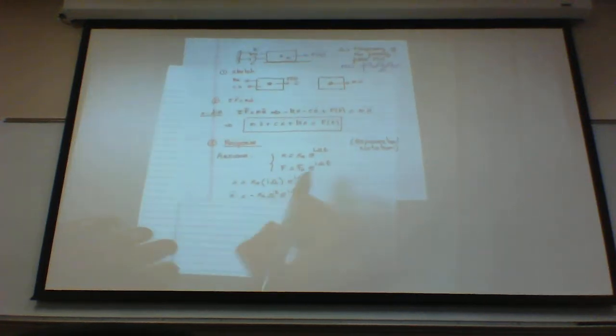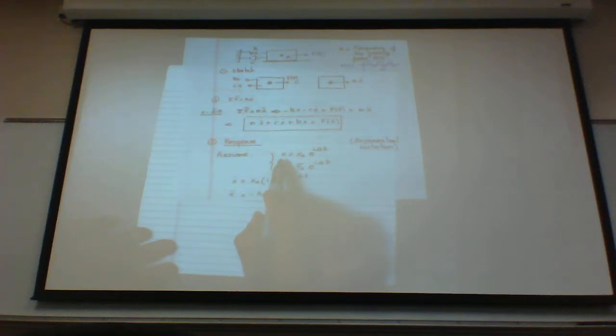And this will become, factoring out x naught, x naught times minus m omega squared plus c i omega plus k, equal to f naught. If you remember, what are we trying to solve here?